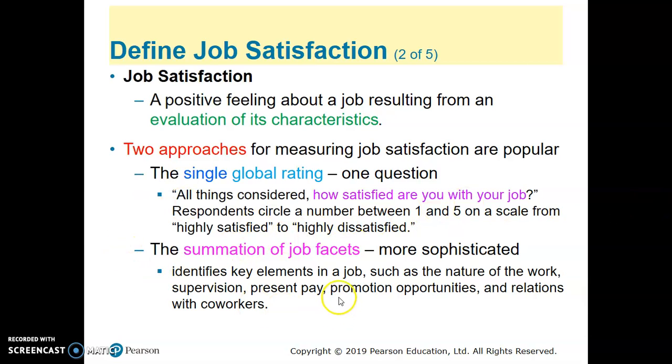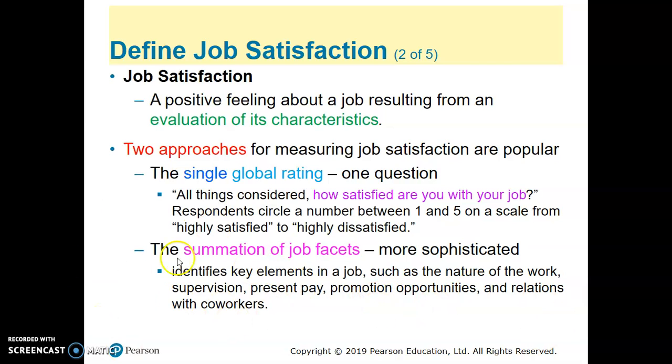Next, the second way to measure job satisfaction is through the summation of many variables. For example, the questions may ask about satisfaction with the nature of work, with the supervision, with the present pay, and whether they receive promotions or opportunities for promotion, and so on.